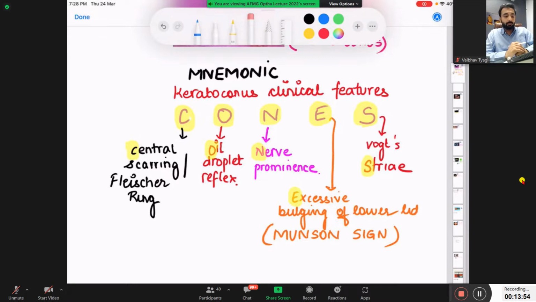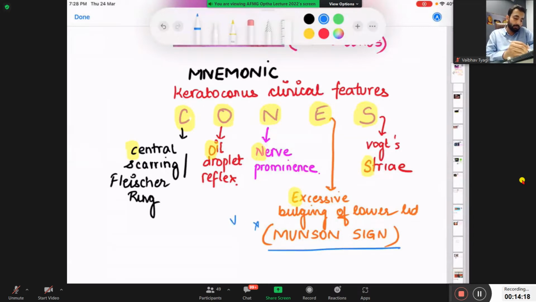Prominent corneal nerves are seen in keratoconus. E stands for excessive bulging of lower eyelid, which is called as Munson sign.